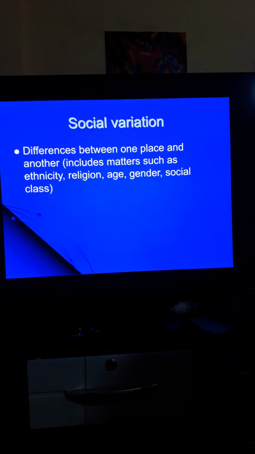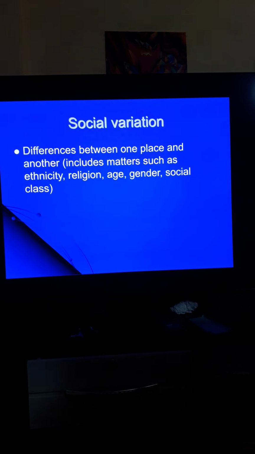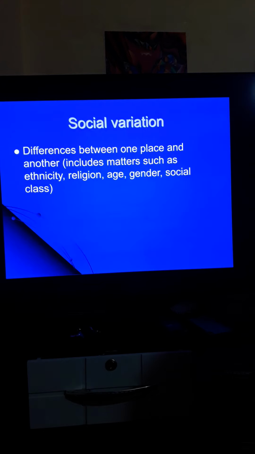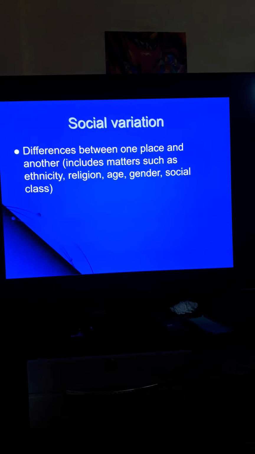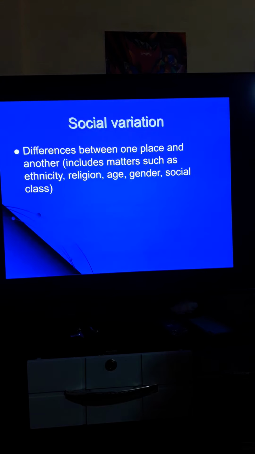Social variation. This social variation talks about sociolinguistics, the society and the language. Social variation includes matters such as ethnicity, religion, age, gender, and social class.